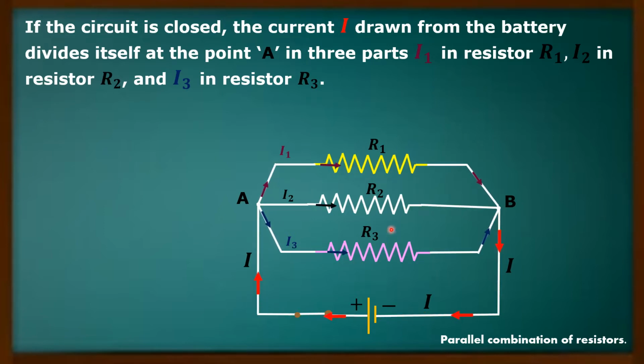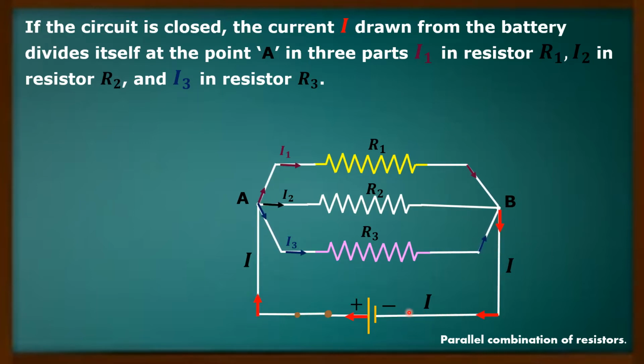So depending upon the resistance of the resistor, current passes through it. These three currents will again join at point B and it becomes equal to the total current of the circuit.